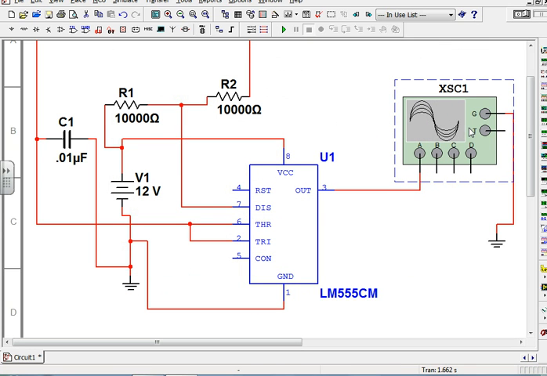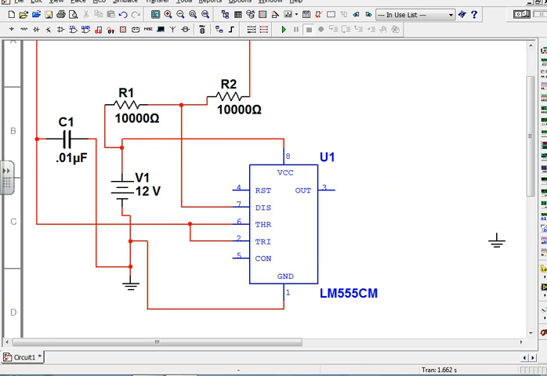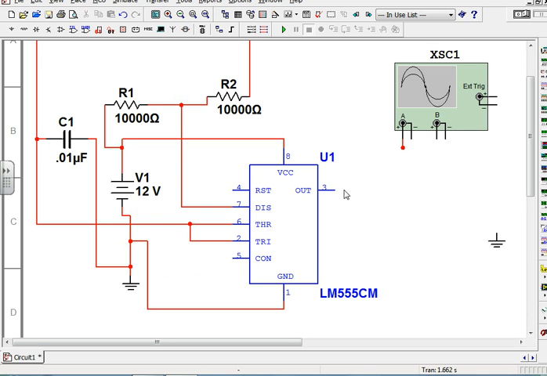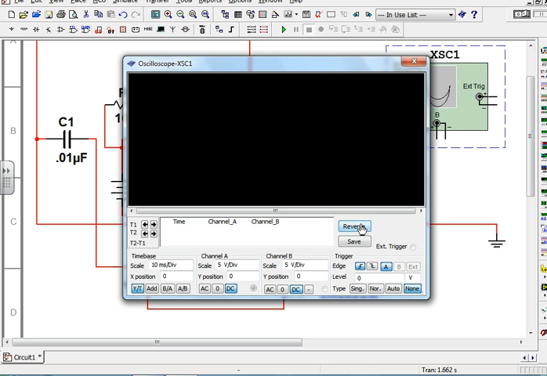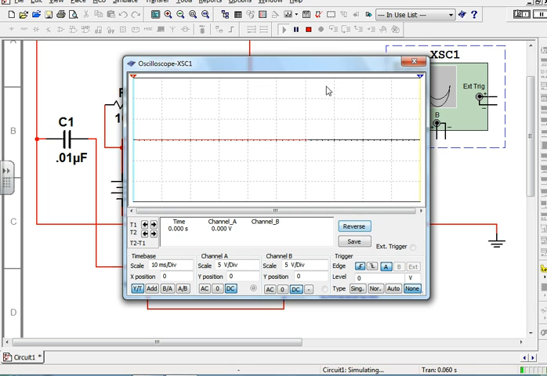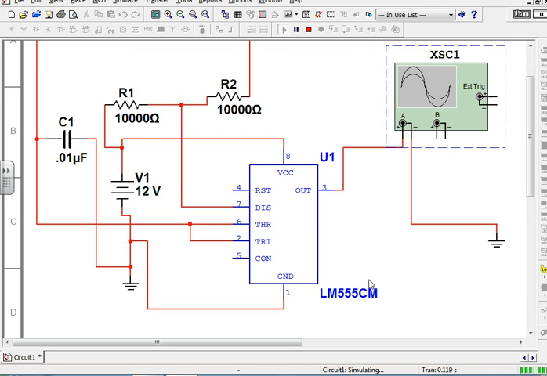Get rid of the stupid oscilloscope and put a simpler one in. Where's the simpler one? Right there? Yeah, that's better. So we'll hook him up to there. He's going to be hooked up to ground. I still don't have a signal.